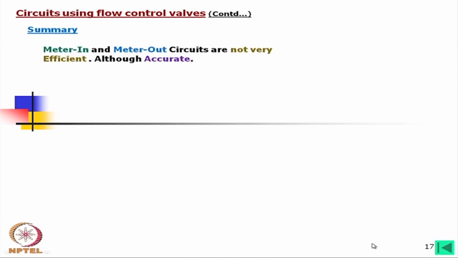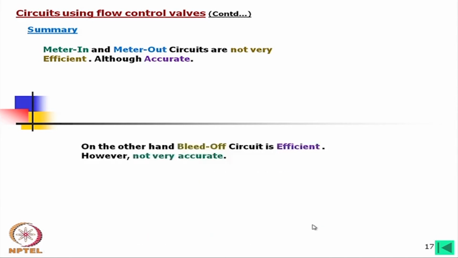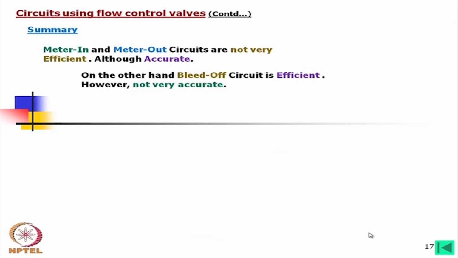In summary, we can say the meter in and meter out circuits are accurate, although not very efficient; they are not energy efficient, I must say. On the other hand, the bleed off circuit is efficient, but not very accurate.